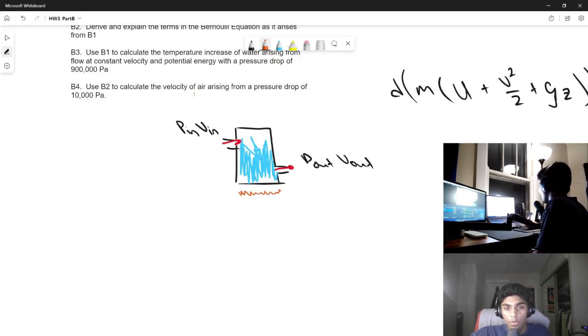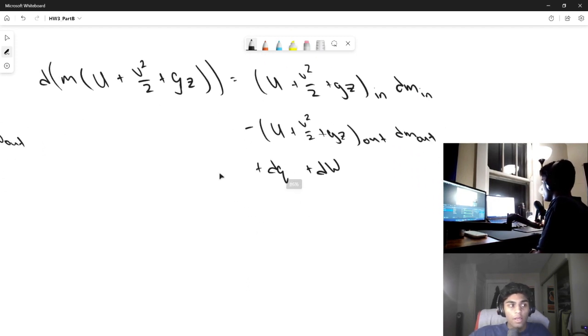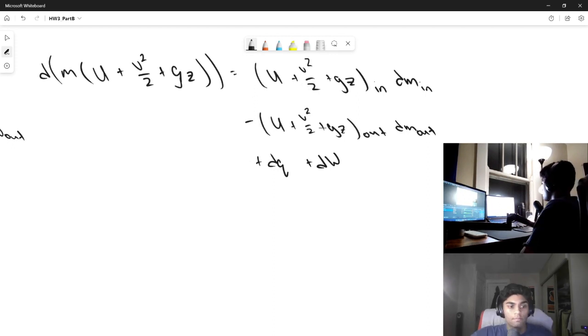So here we're going to add heat, maybe on some open flame or an electrical heater, something like that. So we're going to add a heat component to this. So differential amount of heat. And there is also work being done on the system, so we also take that into account. And what we have here now is an energy balance for this flow system.